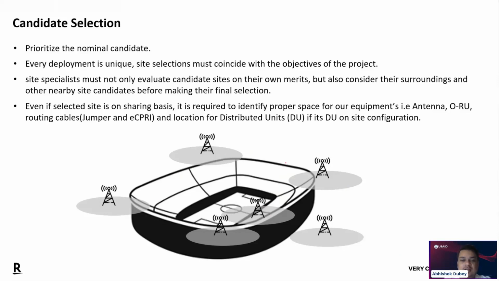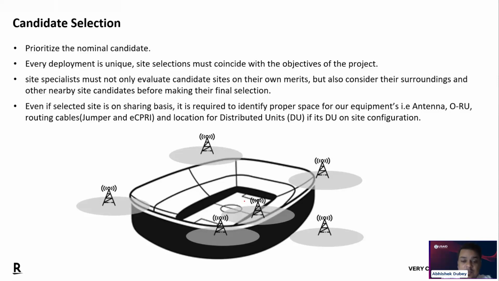You are going to plan a site to cover this stadium. Let's assume it's not a small cell site. I just try to give you a platform to understand how you are going to plan your site in normal clutter. So let's take an example. You are planning for a macro site, but the target area is a stadium.